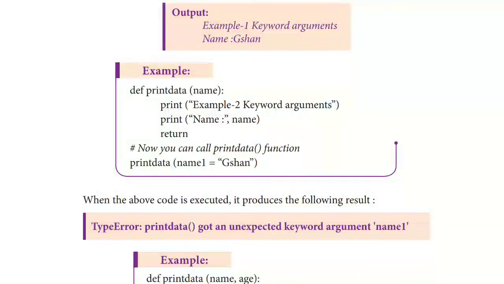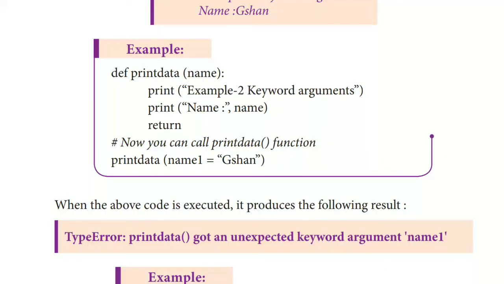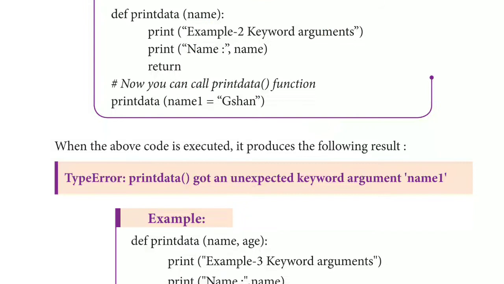Here they have given another example. You can see that instead of using name, they have used name1 in the last statement. While providing a new keyword name, the keyword argument gives you an error, a TypeError: print_data got an unexpected keyword argument.